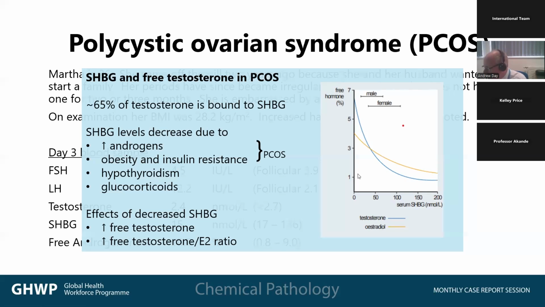And you can see that the percentage of free testosterone rises disproportionately more than the percentage of free estradiol as the SHBG level falls, reflecting this stronger binding of testosterone than estradiol to SHBG.